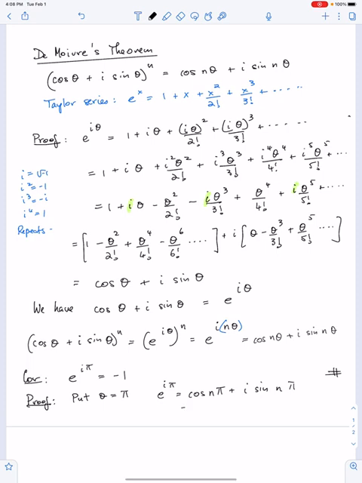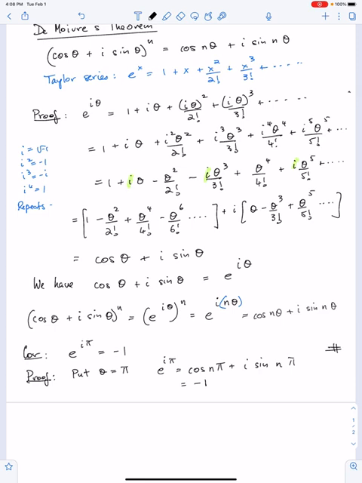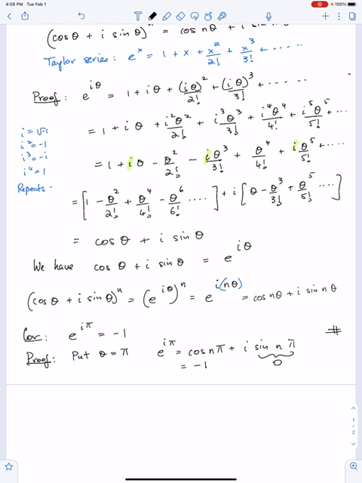And cosine n pi is minus 1, and sine n pi will be 0. Thus we have e to the i pi plus 1 equals 0.